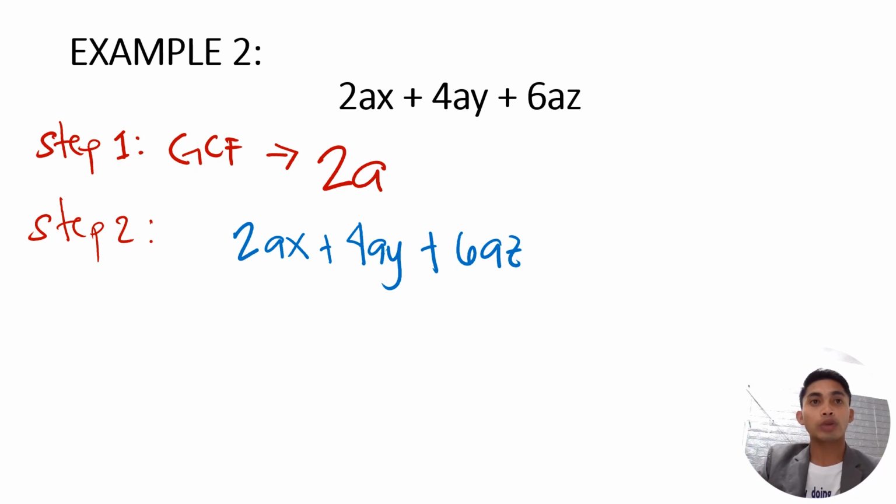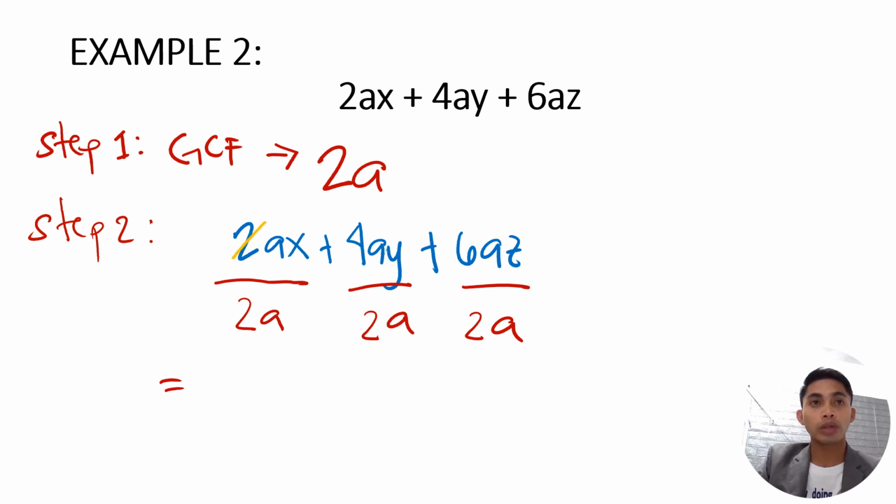Then we apply step 2 by dividing each term by the greatest common factor. So we divide 2ax by 2a, 4ay by 2a, then 6az by 2a. So we need to divide 2 divided by 2 is equal to 1.